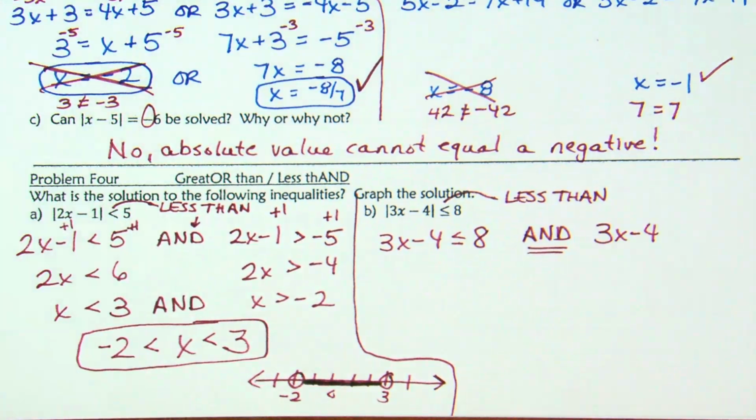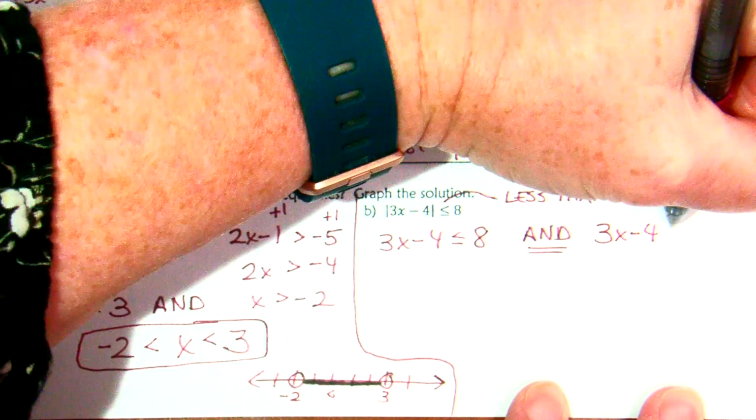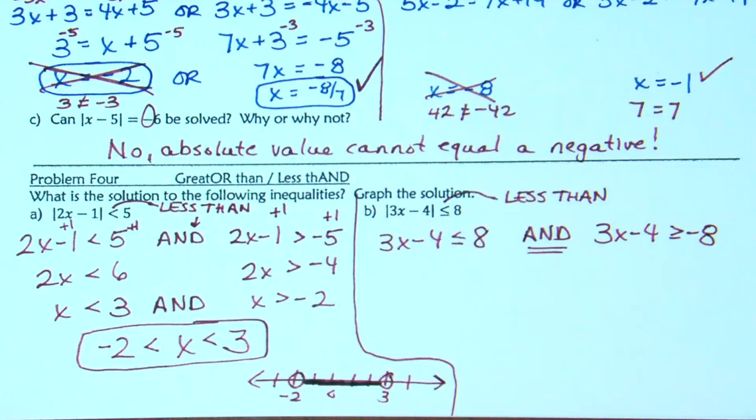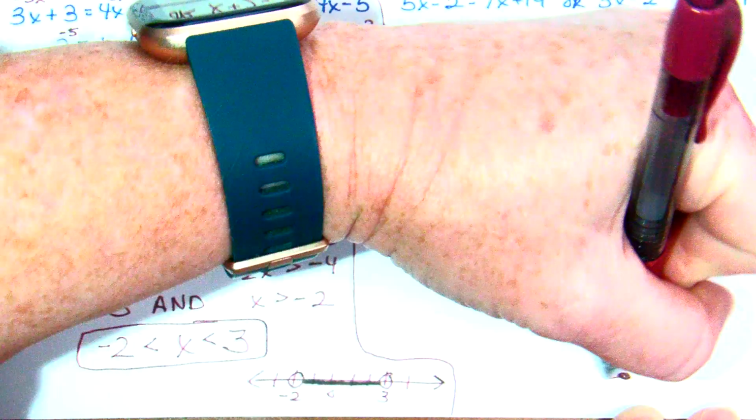Both signs switch. Okay, I trust you could solve those if I asked you to. It's an and statement, so again, the shading would be in the middle. Okay, let's look at the back side.